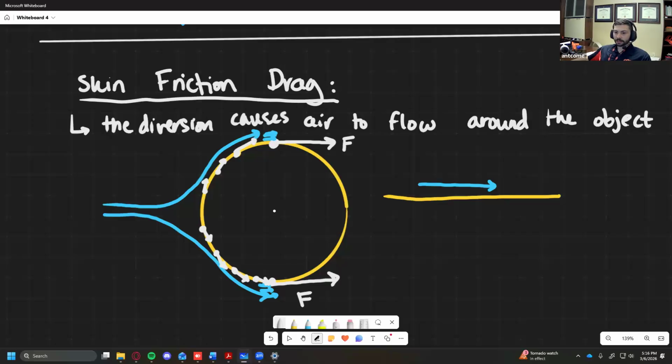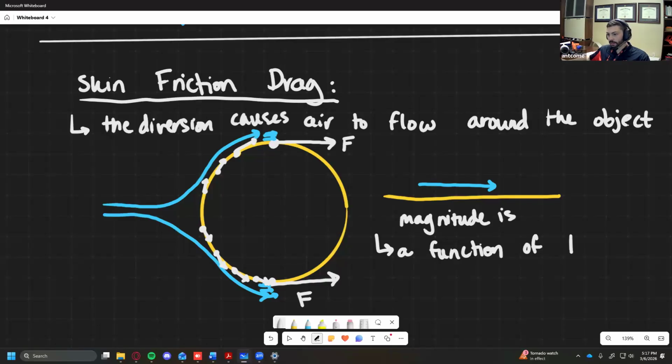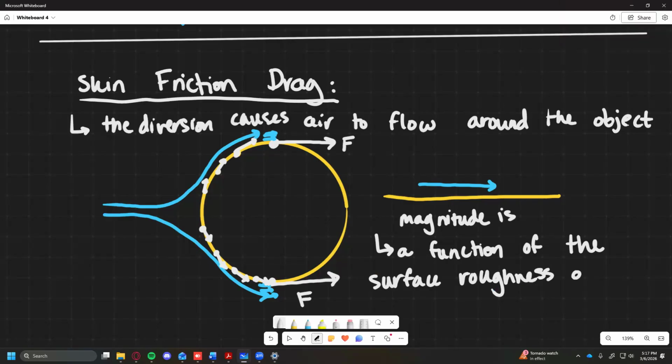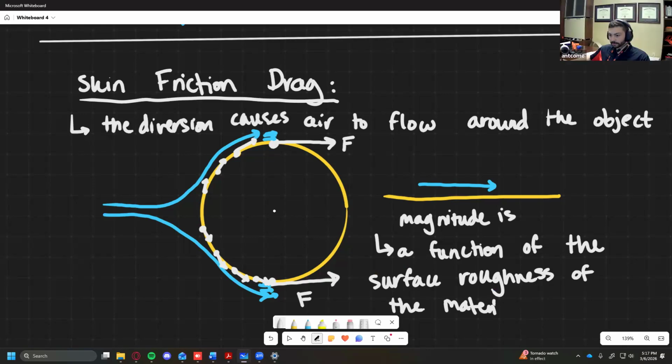All that to say, the skin friction drag itself is directly going to be a function, and I'll say the magnitude is a function of a term you guys should know, I guess, Dr. Hannon or Chris, you can tell me, of the surface roughness of the material that you're using slash finish.